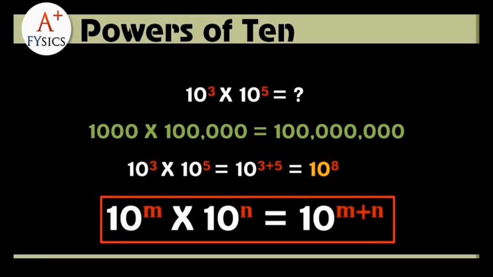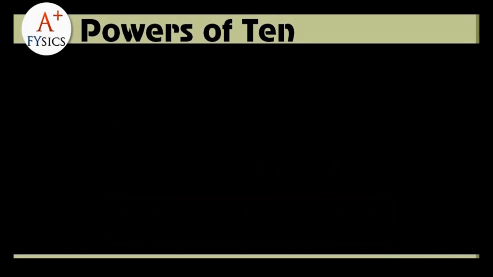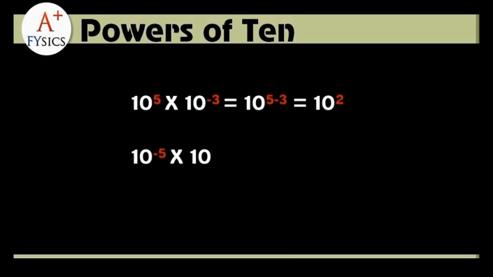If we multiply 10 to the power of m by 10 to the power of n, then that means 10 to the power of n plus m. Let us solve a few more examples. 10 to the power of 5 multiplied by 10 to the power of negative 3 is 10 to the power of 5 plus negative 3, which is 10 to the power of 2. 10 to the power of minus 5 multiplied by 10 to the power of 3 is 10 to the power of minus 5 plus 3, which is 10 to the power of minus 2.